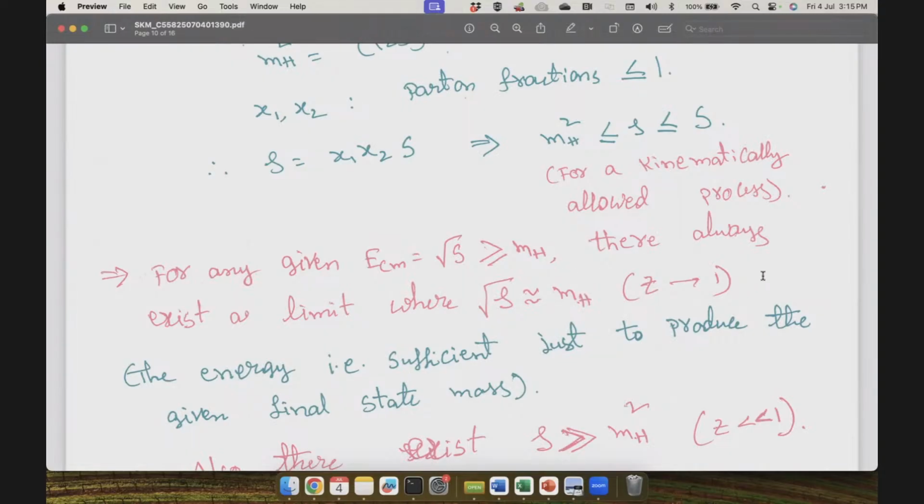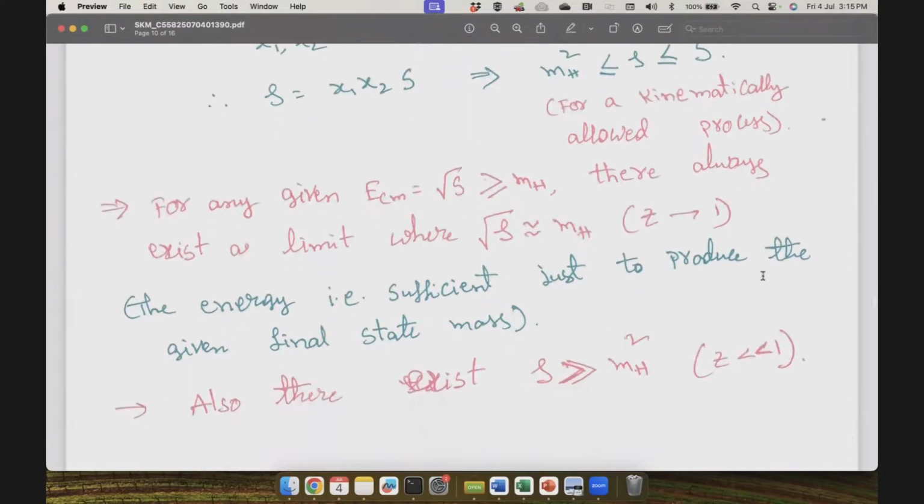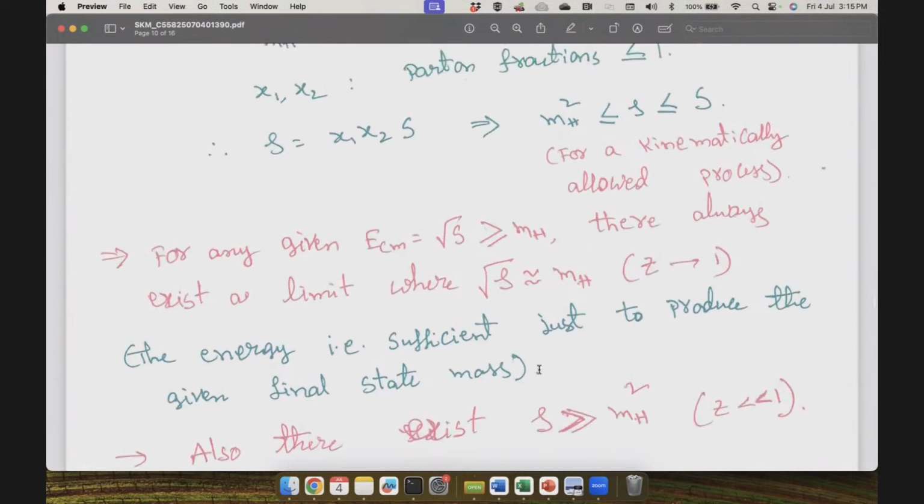That is what we call the z goes to 1 threshold limit. In that case, what is the amount of energy left for the radiated partons? If there are any gluons, there is hardly any energy left. So in that limit, the radiated partons have to be essentially soft or collinear. The energy that is just sufficient to produce a given final state is what we call the threshold energy.